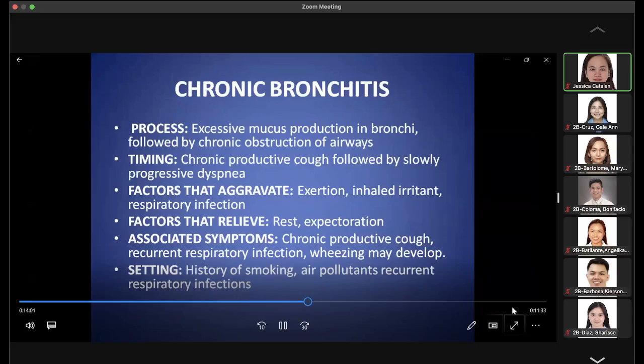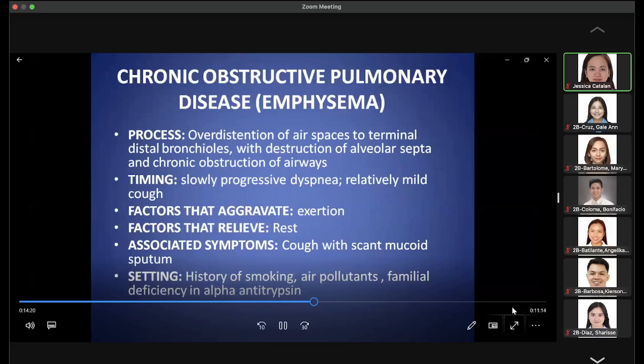Of course, you will think of chronic bronchitis in a patient complaining of difficulty of breathing in the setting of a history of smoking, exposure to air pollutants, as well as a history of recurrent respiratory infections. How about in chronic obstructive pulmonary disease or COPD? Dyspnea is a common symptom.